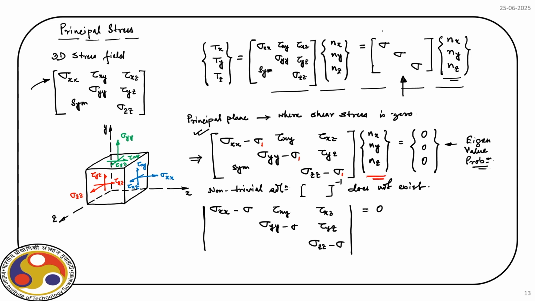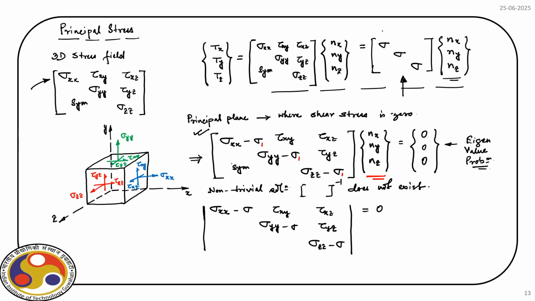But there is a small trick, because if you try to solve this equation, you will again end up with nx, ny, nz equal to 0. So, what do we do? We consider 2 equations from this expression.